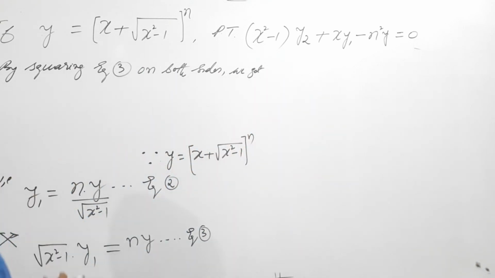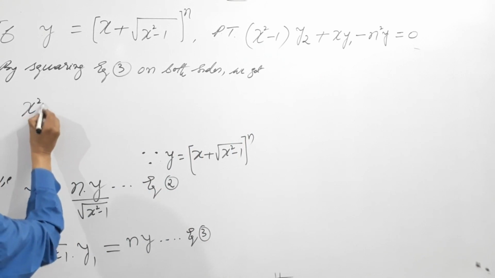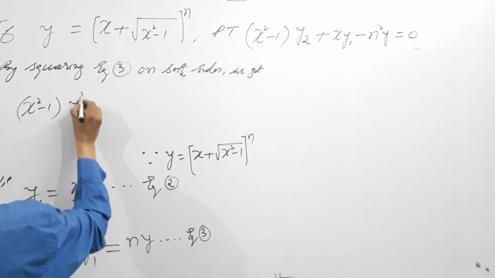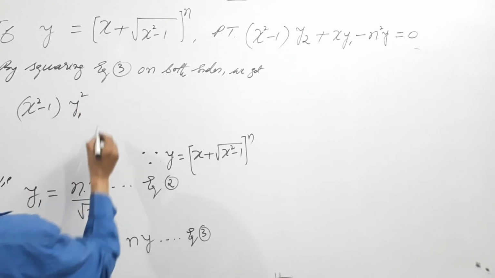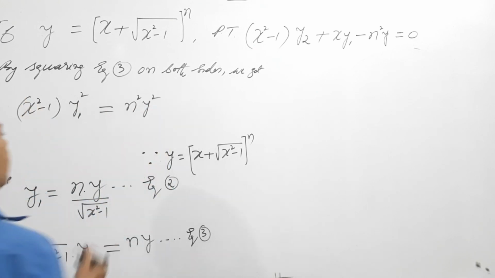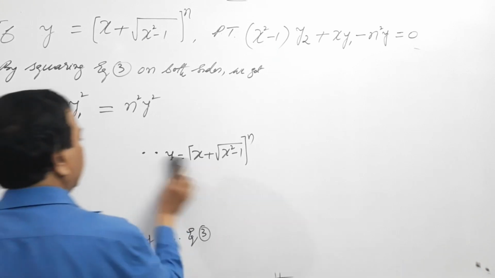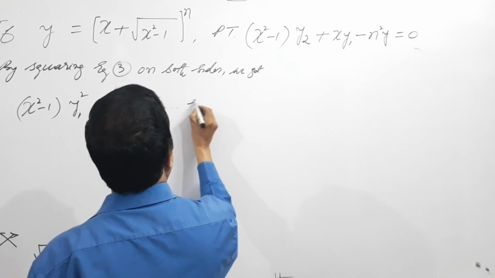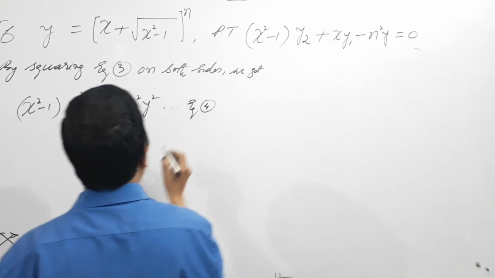If you square this, it becomes x square minus 1, and this becomes y1 square, equals n square y square. Done. So now we'll differentiate this. I call this equation 4.